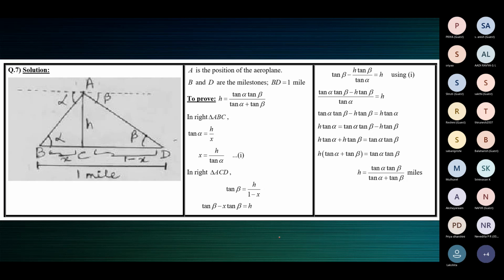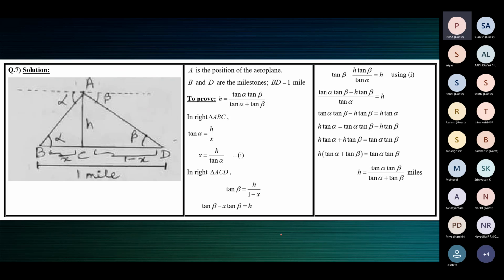Ma'am, here in the question, what does it mean by milestone? Milestones are those stones which we find on the highway, indicating the distance remaining to your destination. Like say you're heading from Chennai to Trichy. As you move on the highway, you see the milestones or the kilometer stones, which tell us the distance that is remaining to reach Trichy.